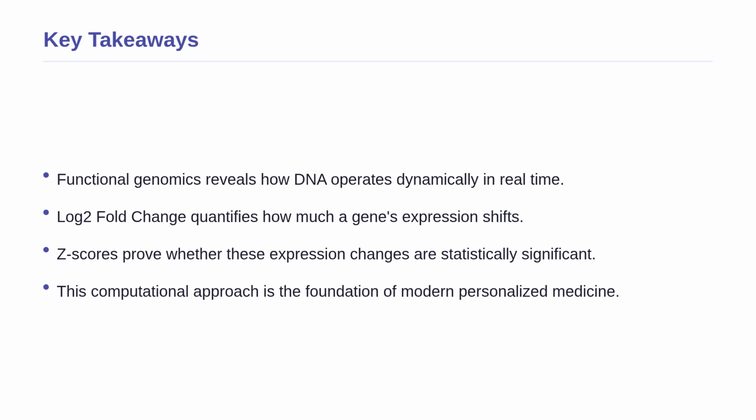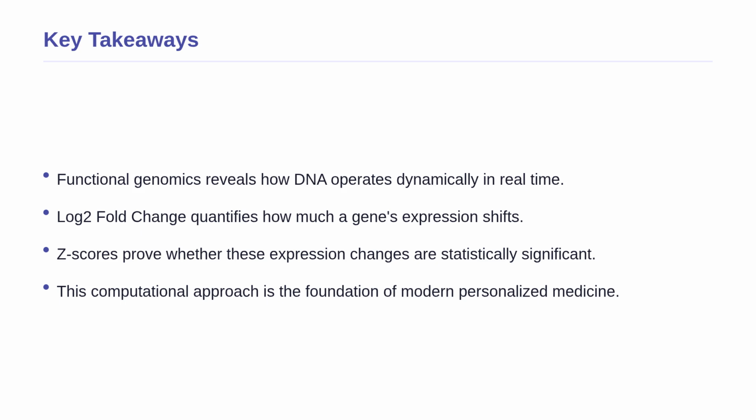We have covered a lot of ground today, so let us summarize the most important ideas. First, functional genomics takes us from merely knowing the static DNA sequence to understanding how that sequence operates dynamically in real time. Second, by measuring gene expression levels and calculating metrics like log2 fold change and z-scores, we can pinpoint exactly which genes are responsible for diseases.